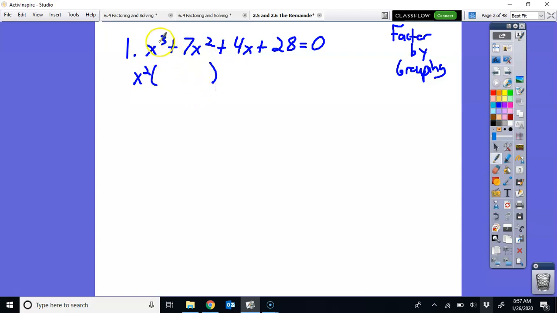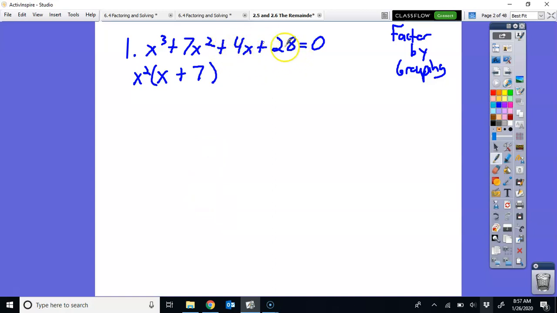If x squared is divided out of x cubed, remember dividing like bases, you subtract. 3 minus 2 would be 1, so it would be x to the first. 7x squared, if you divide x squared out of this one, x squared comes out completely, leaving plus 7. Remember, you can always check by multiplying x squared times x to get this, x squared times this to get this. That is just how you check using the distributive property.